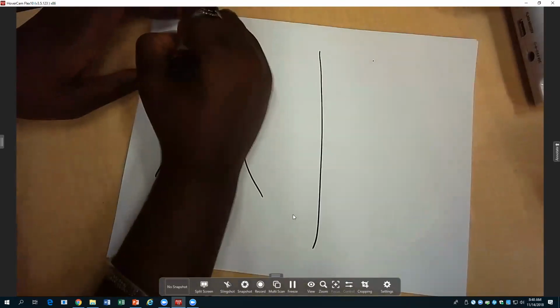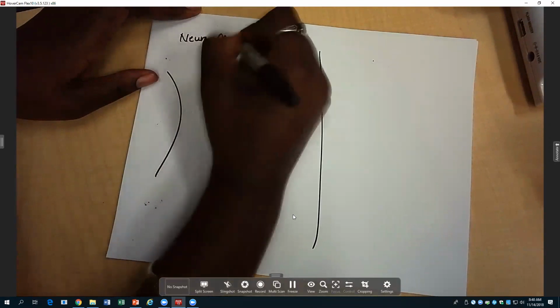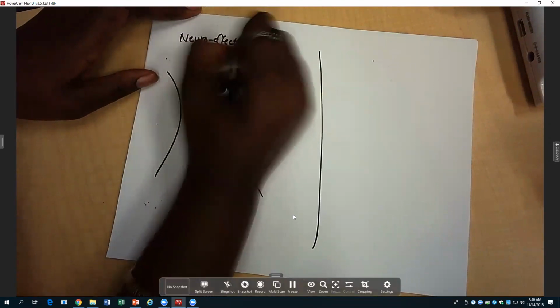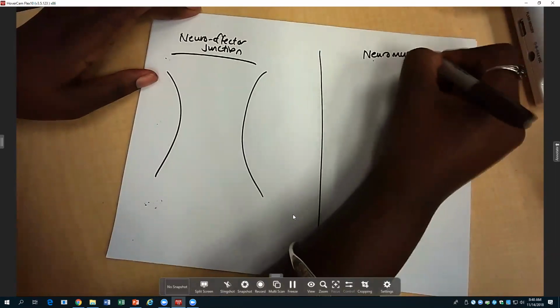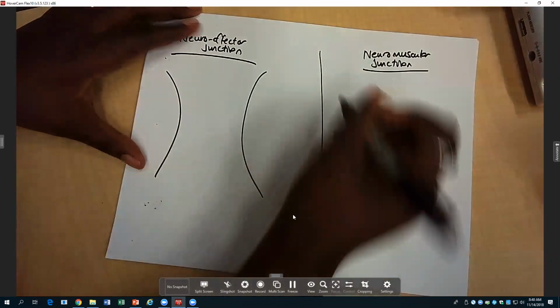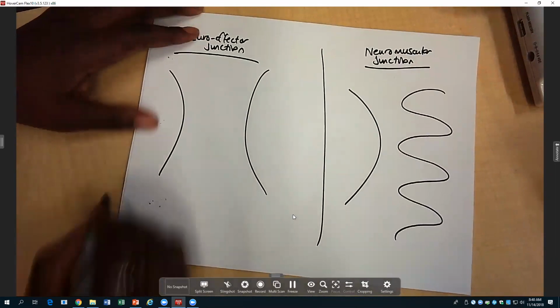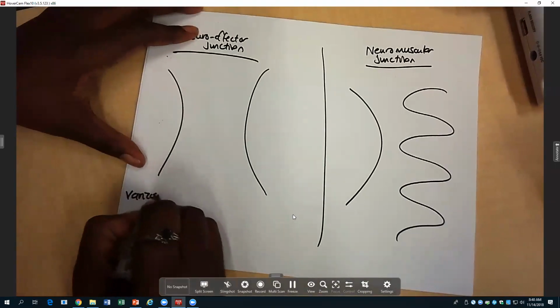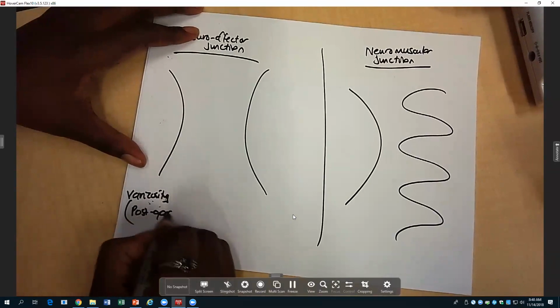So this is the neuroeffector junction. And this is the neuromuscular junction here. This is our varicosity of a postganglionic neuron.